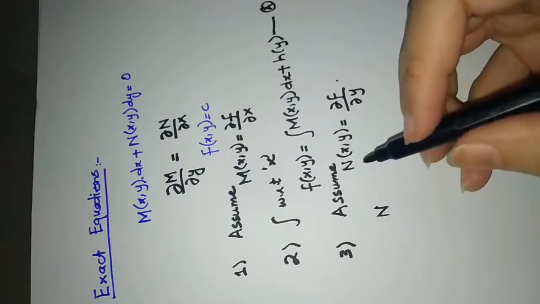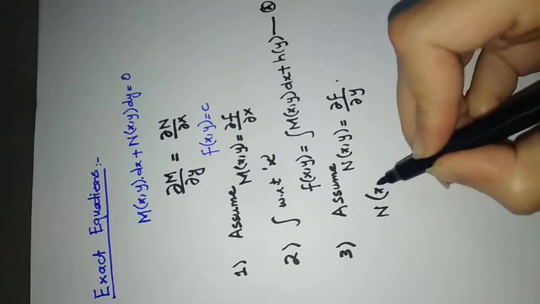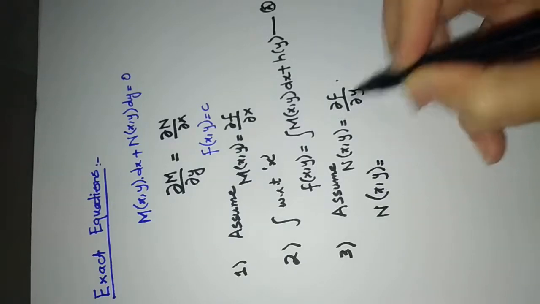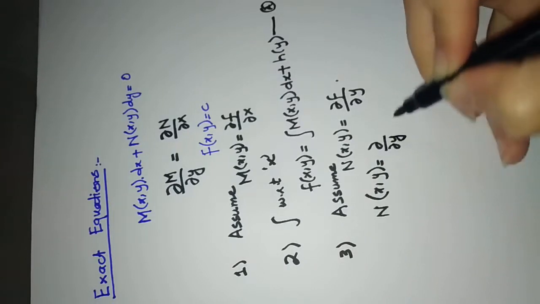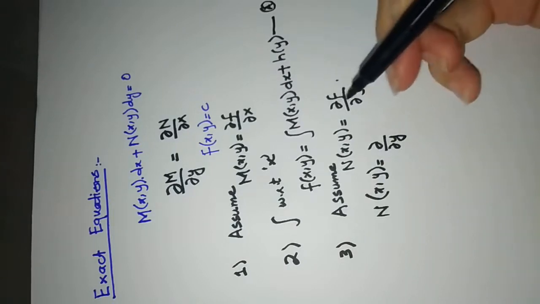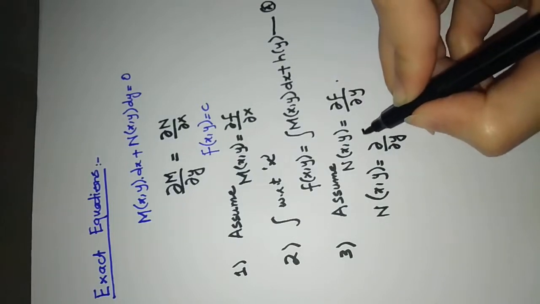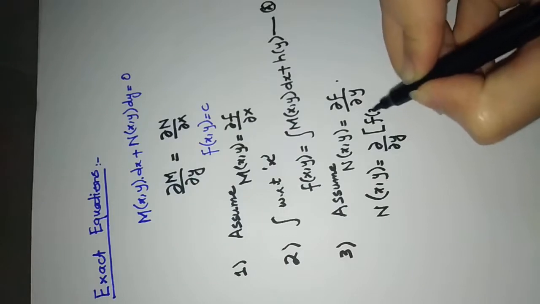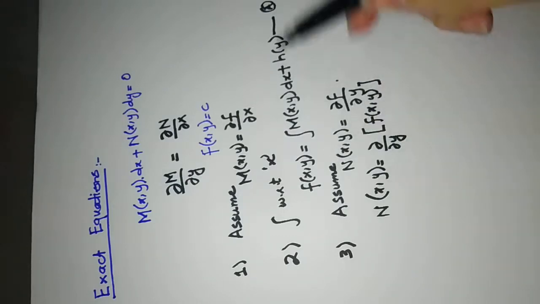That step is a very technical step. So N of x, y is equal to partial by partial y of f of x, y, and f of x, y is given in equation A.